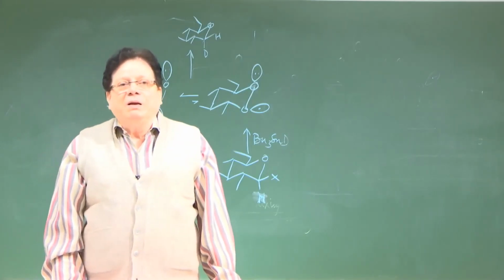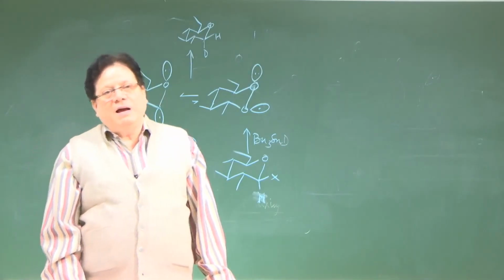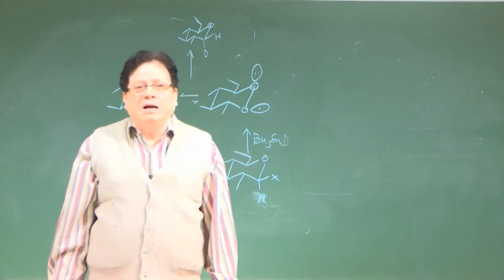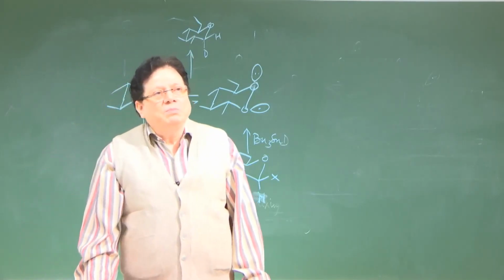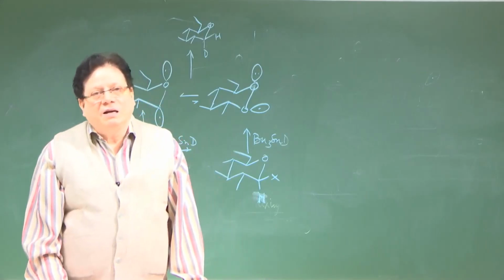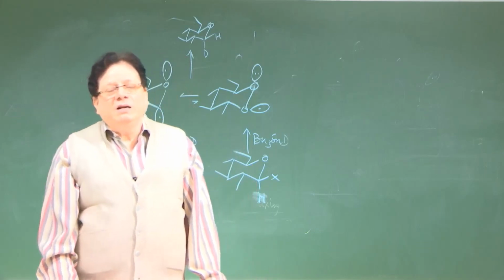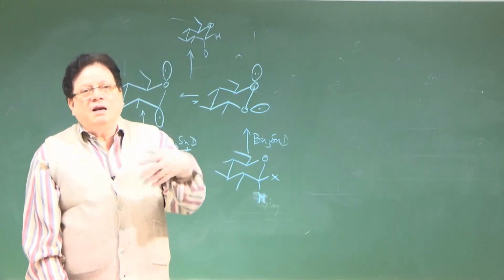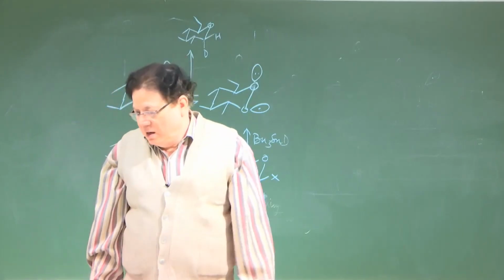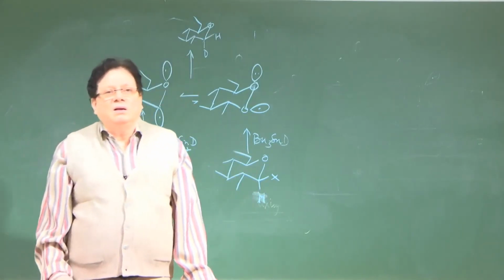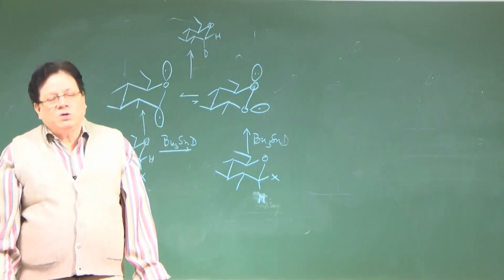Radicals, we know, are extremely reactive, but extremely reactive means reactive with whom? There are basically three types of reactions that the radicals can participate in. One is that the radical, if it sees any labile atom nearby, like a hydrogen, will abstract the hydrogen and become a diamagnetic species.